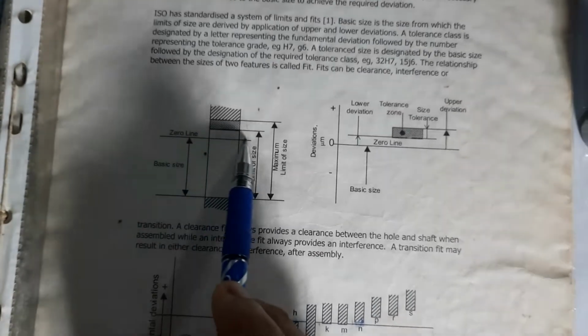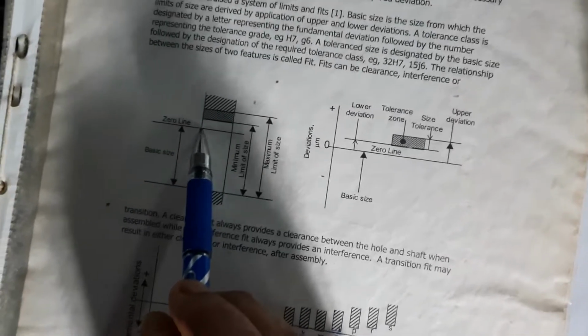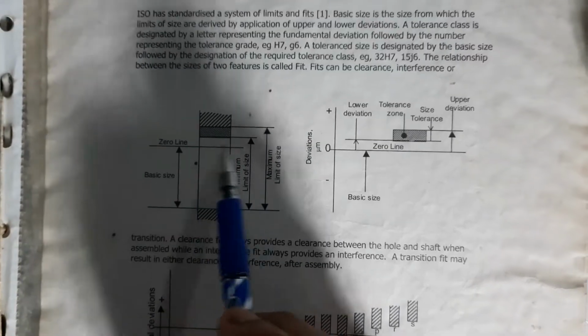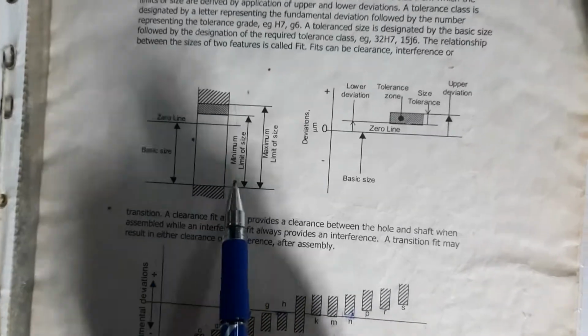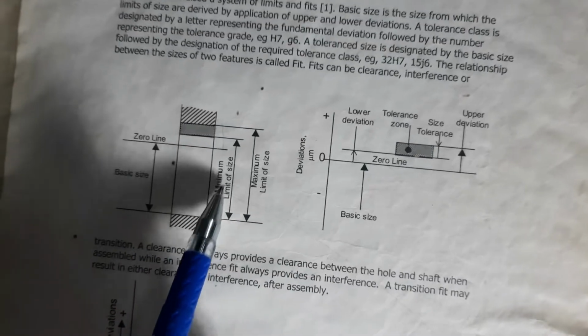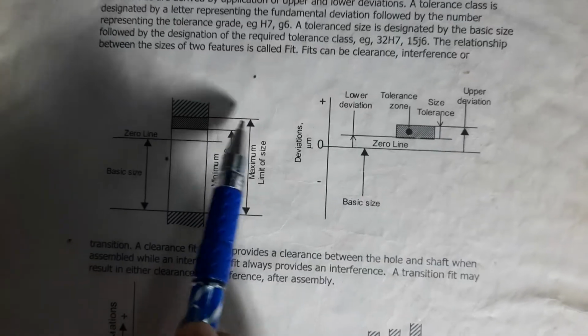In the schematic diagram you see this is the zero line, the basic size. From this, some tolerance is available to the top size or bottom size. So the allowable tolerance is within these two bands, from this minimum limit up to this maximum limit.